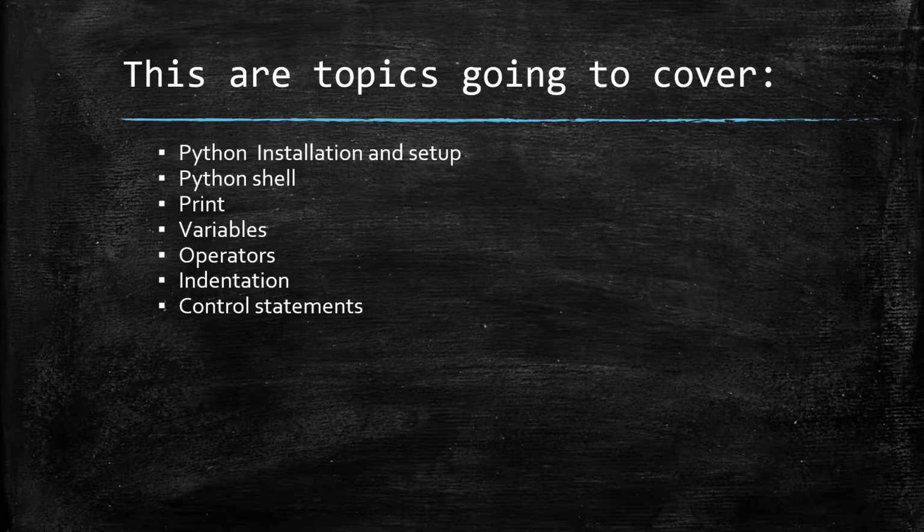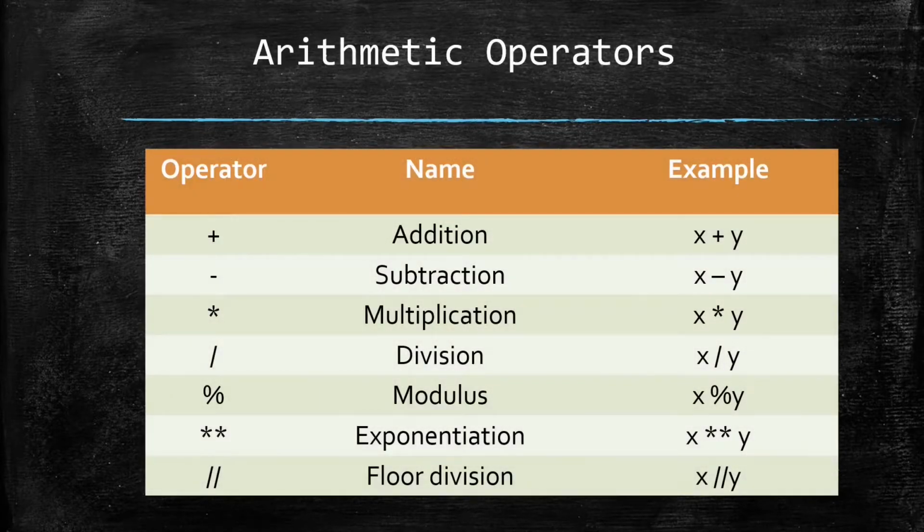The next topic is operators. Some other similar languages also have multiple types of operators, so we are going to see them one by one. Okay, let's start with arithmetic operators. Arithmetic operators are common terms that everybody should know: addition, subtraction, multiplication, division and modulus.